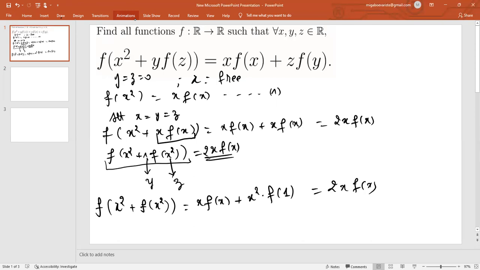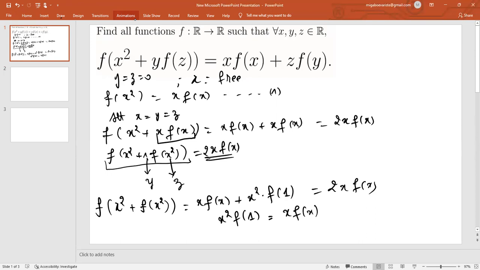Now, I can just collect like terms and move things around. I have x squared times f of 1 equals 2x f of x minus x times f of x, which is just x times f of x. Now, the thing you need to know is that we are solving this for all functions f.